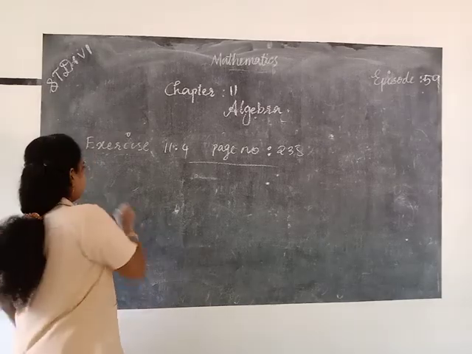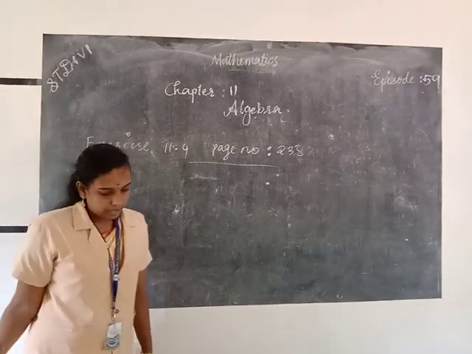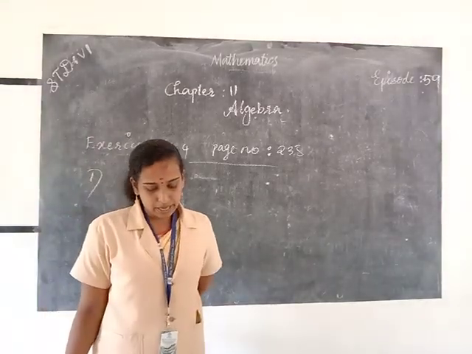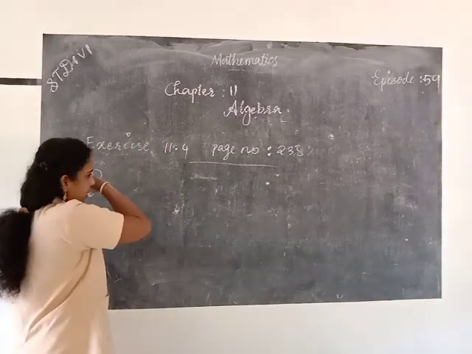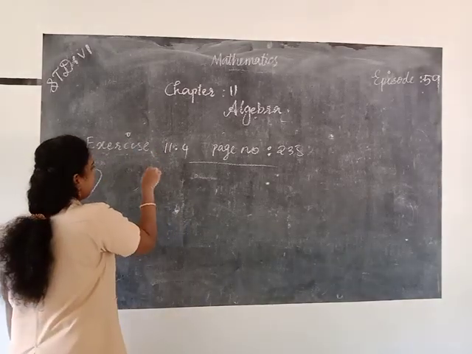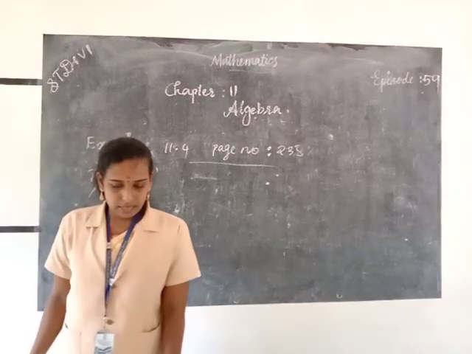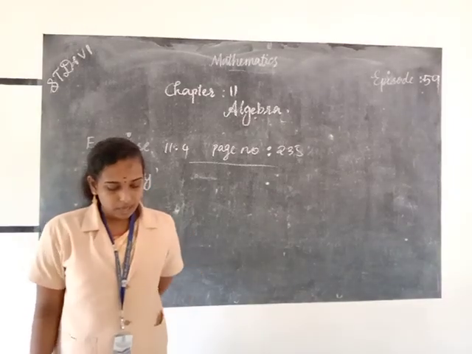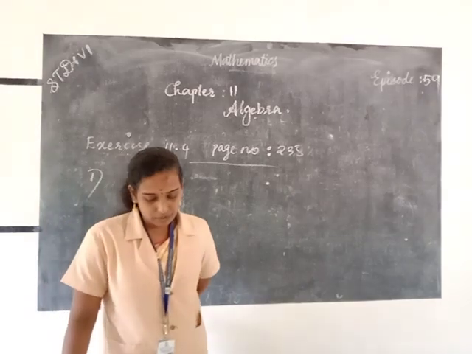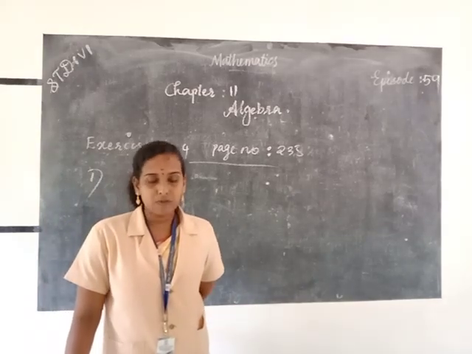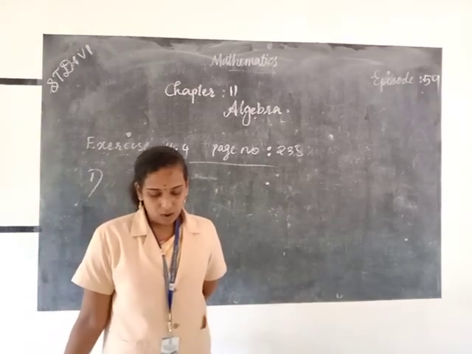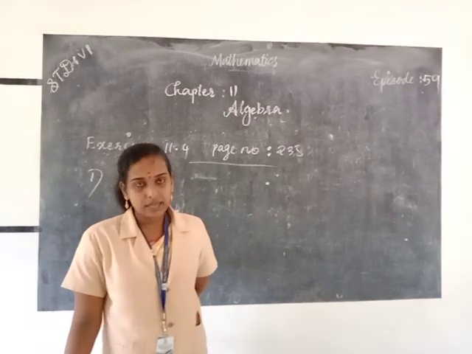The first question: take Sarita's present age to be y years. Sarita's age is equal to y. What will be her age 5 years from now, and what was her age 3 years back?